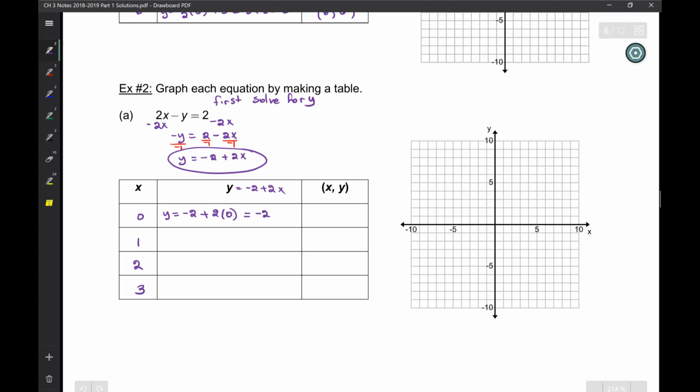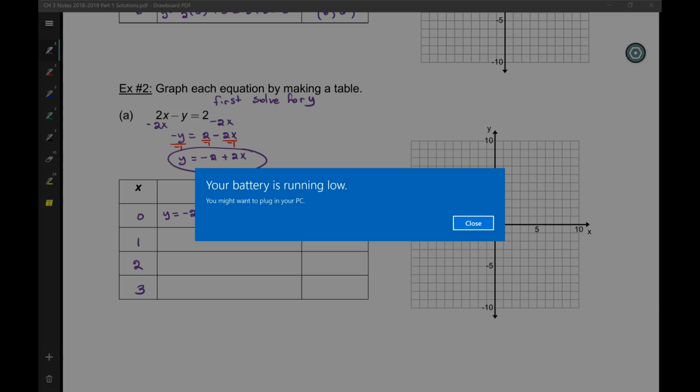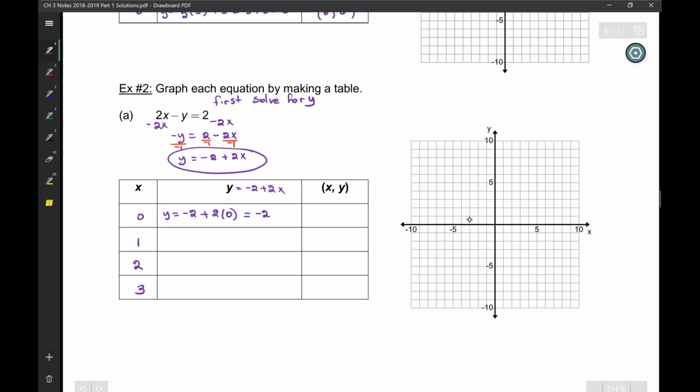This is negative 2. Wait, how did this become plus? Because we divided everything by negative 1 to get rid of the negative. Right. Okay, now, here, y equals negative 2 plus 2 times 1.